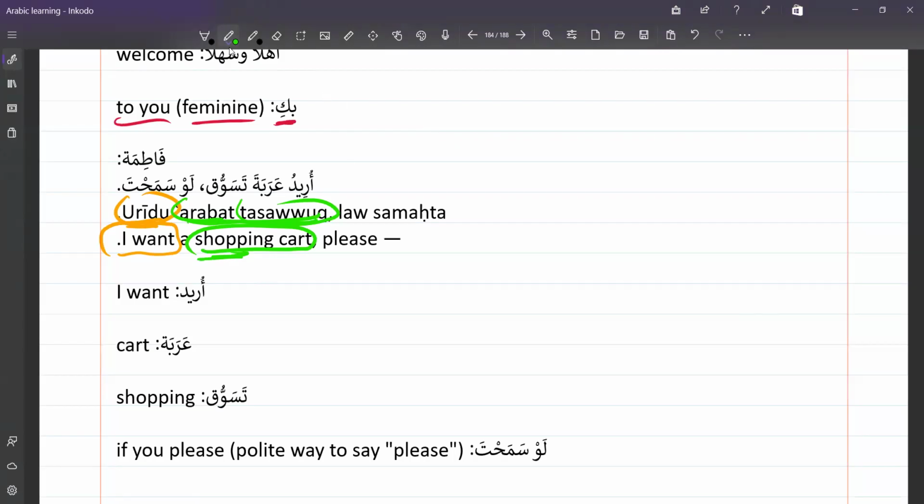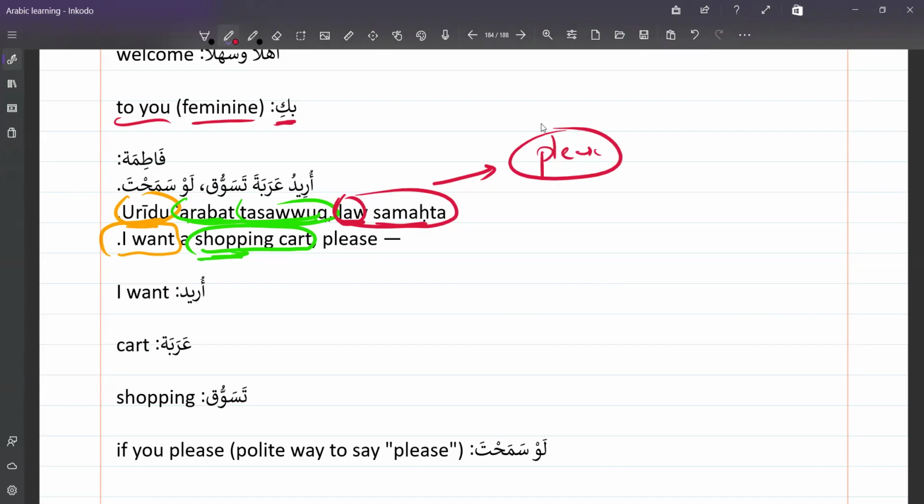And then Fatima adds another word in the sentence, law samahta. Law samahta is a polite way of saying please when you are asking for an action from someone, right?